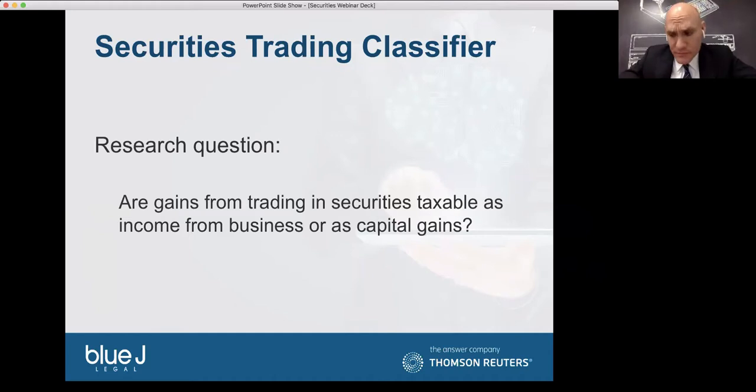If it is the case that you're a trader or dealer in securities, then you can't make use of that election. Oftentimes, when the minister is trying to characterize a taxpayer as engaged in the business of buying and selling securities, they are saying essentially you're a day trader or you're a frequent trader in these kinds of instruments, and as a result, you need to be treated as a trader.